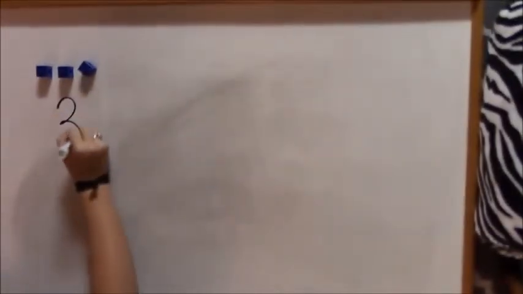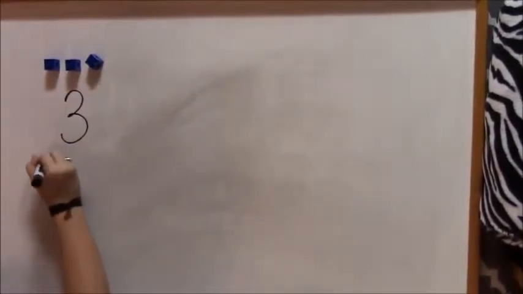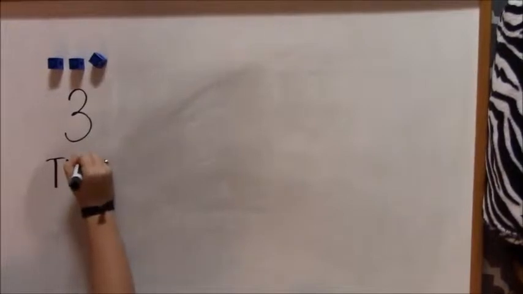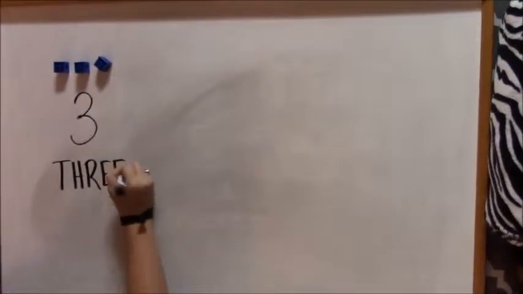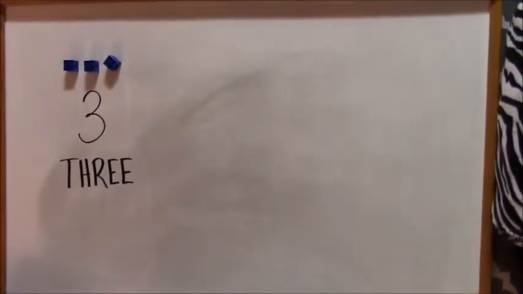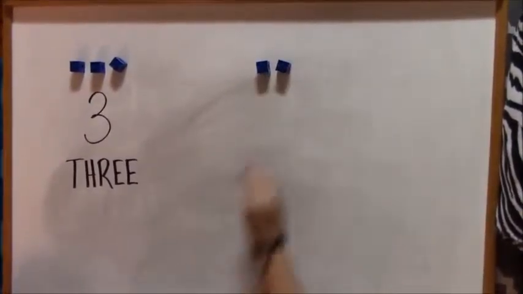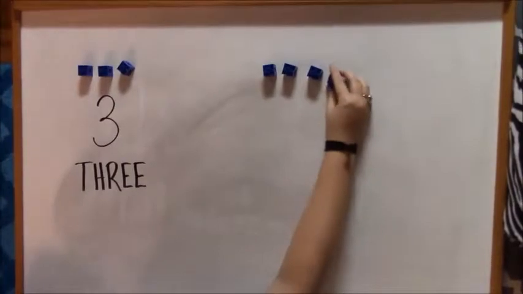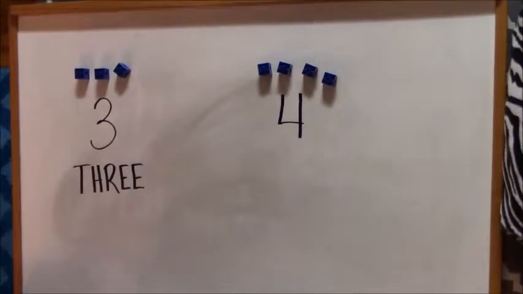So the number 3 is represented as 1, 2, 3 Lincoln cubes, and is drawn as so. The number 3 can also be written out in word form through the spelling of T, H, R, E, E. Then aisle 4 can be represented as 1, 2, 3, 4 Lincoln cubes, and is written with the numeral 4.